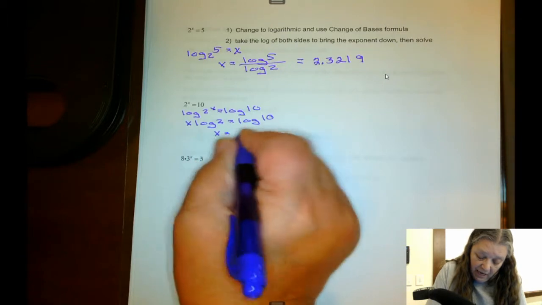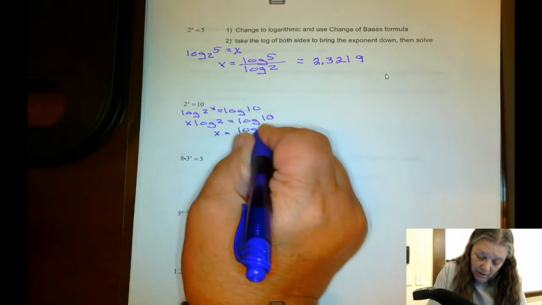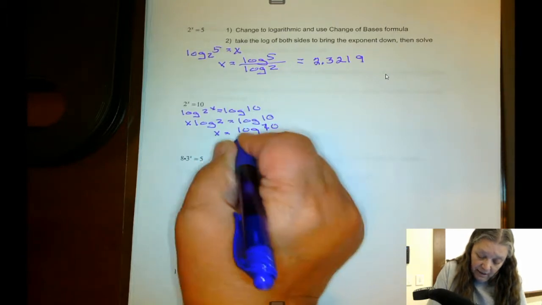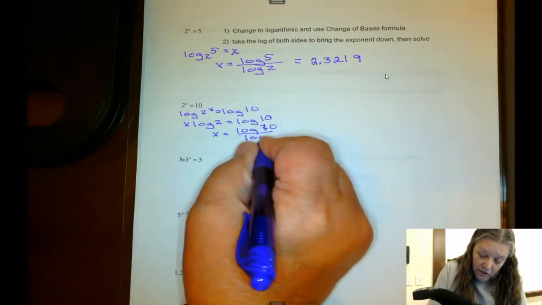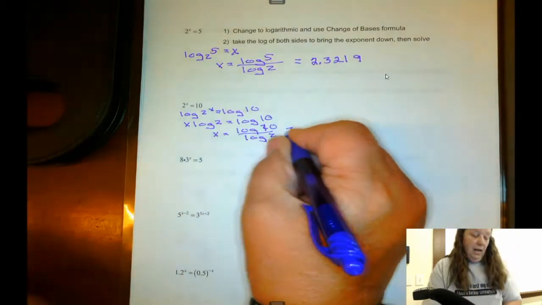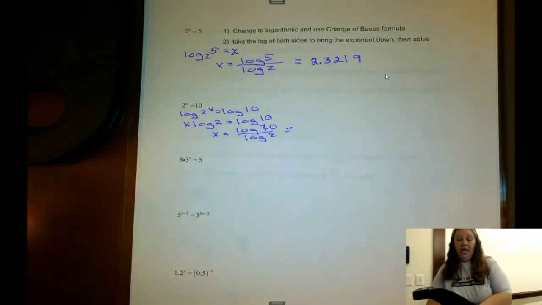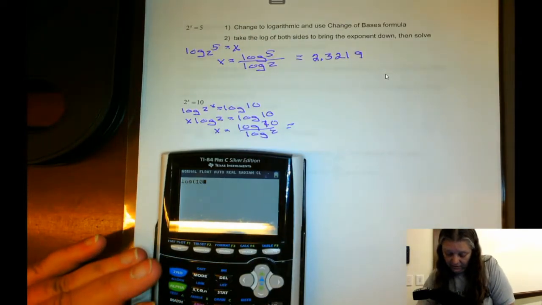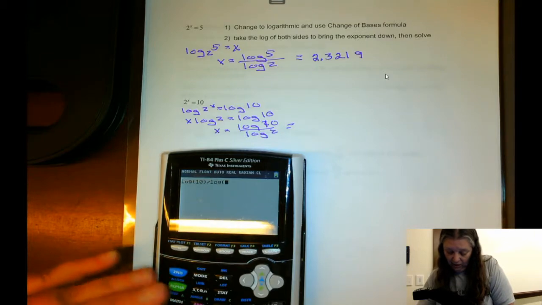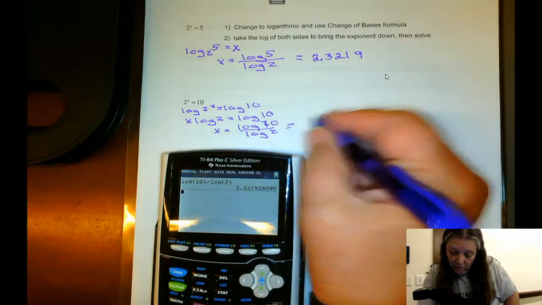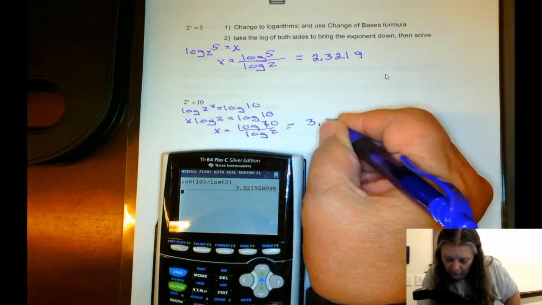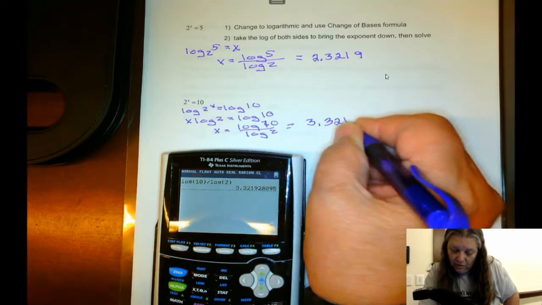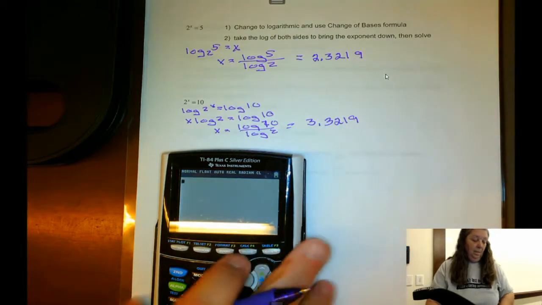Divide, we have x equals log of 10 over log of 2, which is the same as the change of base formula. So we have log of 10 divided by log of 2, which is 3.3219.